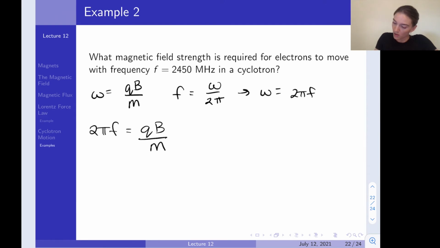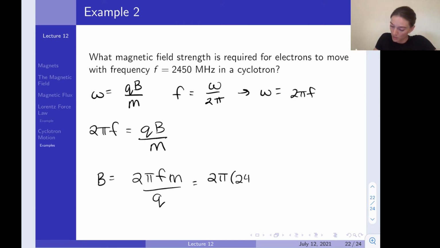And we are going to want to find the magnetic field strength. So we want to solve for B. So B is equal to 2 pi f m over q. So let's plug those numbers in. We have 2 pi. The frequency was 2450 megahertz, so that's times 10 to the 6.